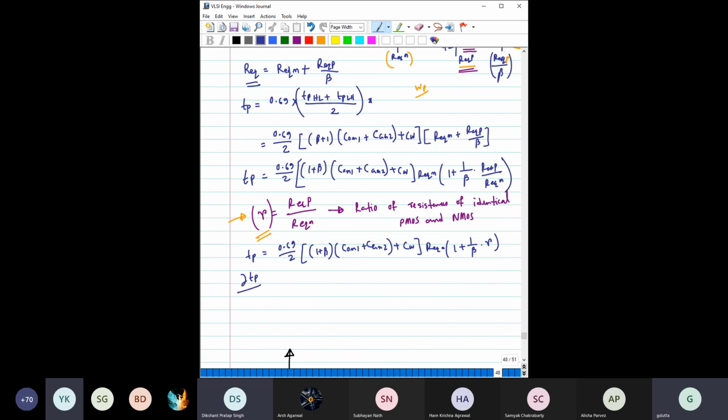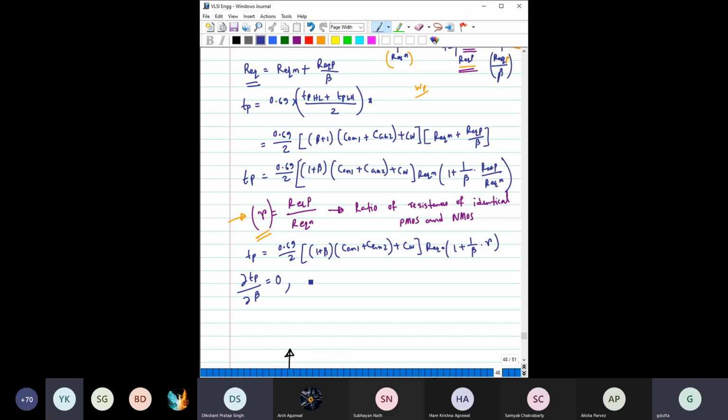So for what value of beta should we get this TP minimum? We know one technique that we have used many times. We will take the derivative of this TP with respect to beta and set it equal to 0, right? And that would give us the criteria for our minimum propagation delay.